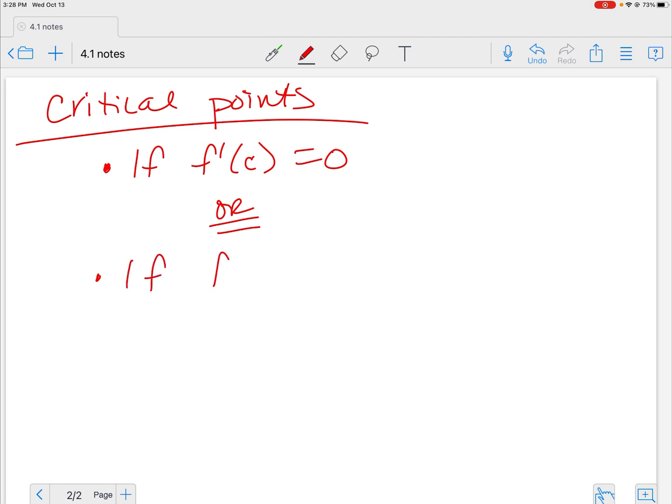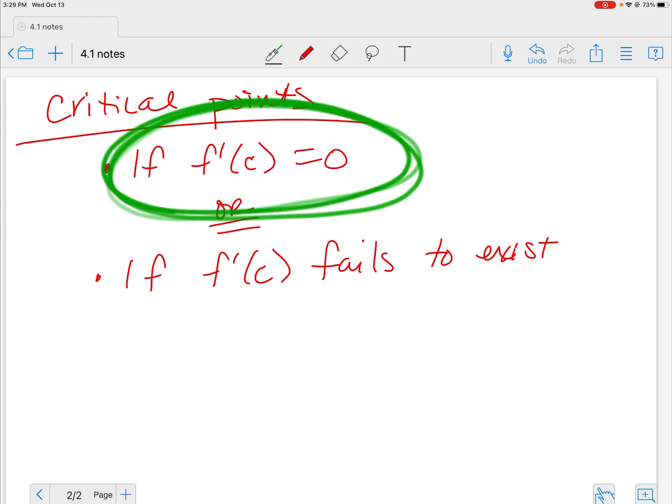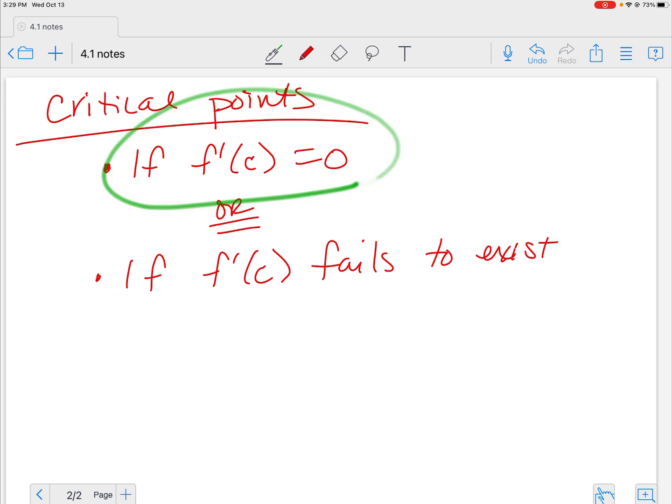Or if my derivative fails to exist, that is another critical point. They mean two separate things, but I still have critical points. This one up here we learned was a maximum or a minimum, right? If my derivative equals 0, that's a max or min.